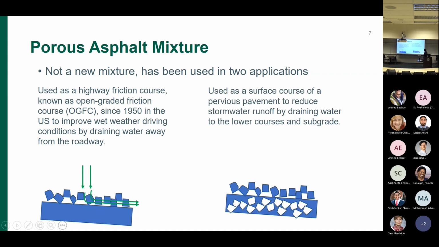Another application is the use of the OGFC or the porous asphalt mixture on top of some porous, highly permeable underlying layers. This pavement structure is called the permeable pavement structure. This application is mainly used to control stormwater runoff, and it has been applied in areas like parking lots, shoulders, or sidewalks.